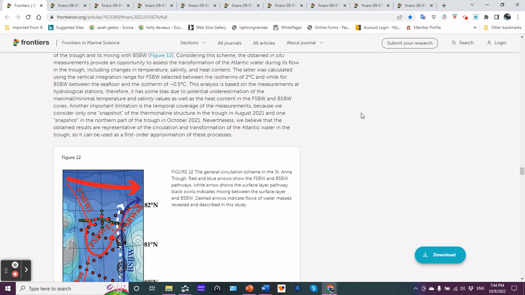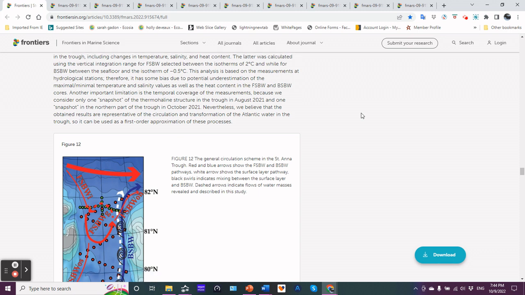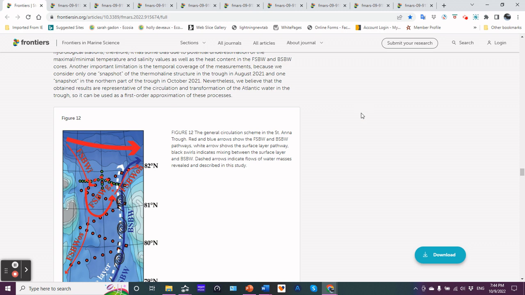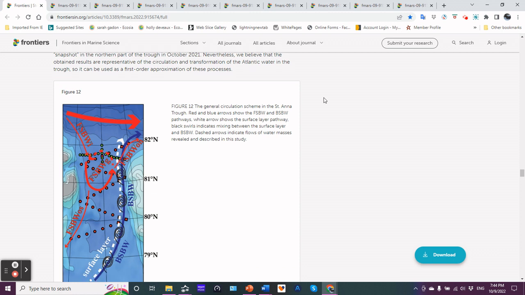So it is a major challenge to extrapolate what it means on the long scale. But the ocean's a big place, and we do the best we can. So they discussed some of the limitations. We believe that the obtained results are representative of the circulation and transformation of the Atlantic water in a trough, so it can be used as a first order approximation of these processes.